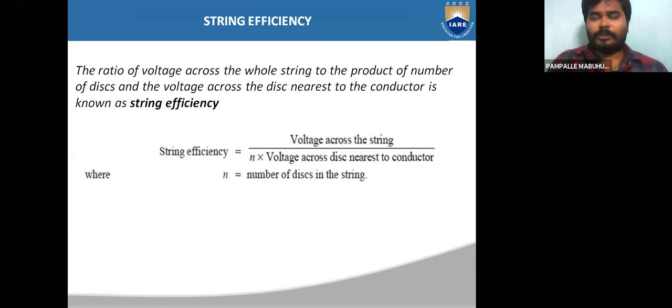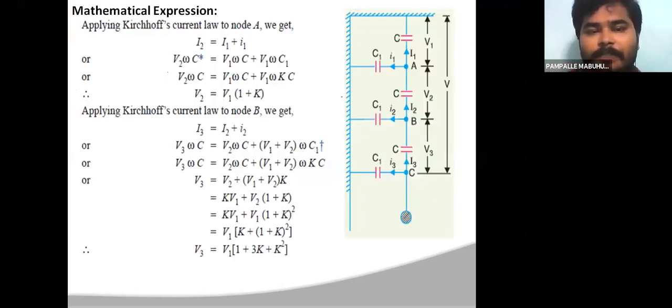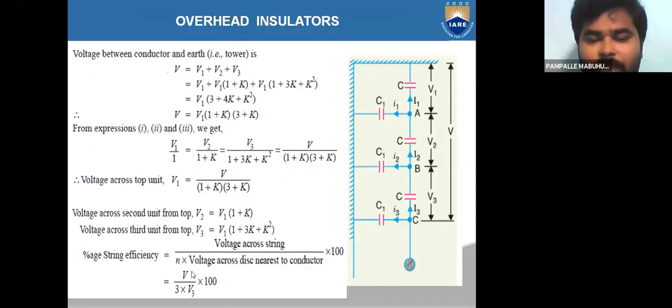For determining the string efficiency, we also developed the mathematical expression in the previous lecture. The final string efficiency equation is V by 3 into V3. In this case, we considered three discs.